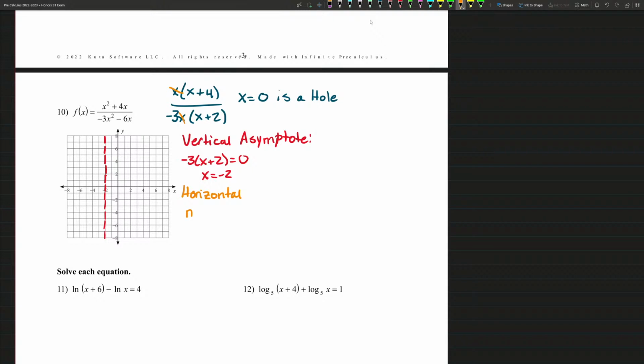In this case, we have the same condition as above. I highly recommend that you look over those other conditions, when n is less than m, when n is greater than m, because I can tell you right now there is a slant on the test. So we get y is equal to negative 1/3. That's our horizontal. And then everything else is just testing again.